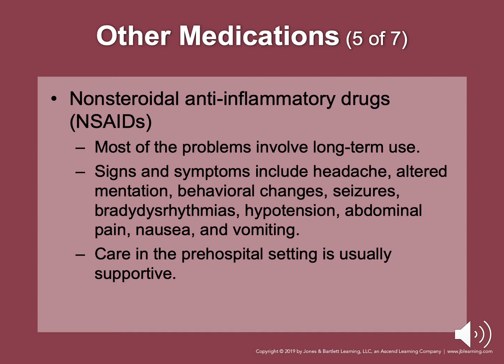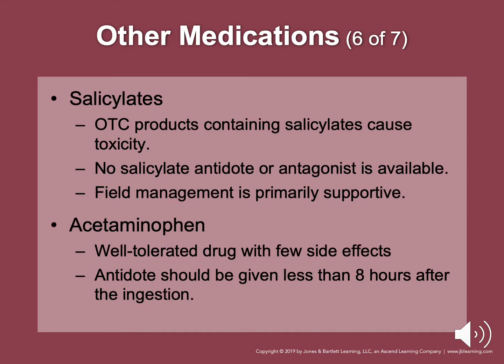There is no antagonist or antidote available. Acetaminophen is a well-tolerated drug with few side effects. The antidote should be given less than 8 hours after ingestion, and it needs to be done at the receiving facility. All of this is going to be supportive care too. You might be able to give activated charcoal for acetaminophen in the field if you have it available.